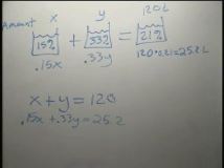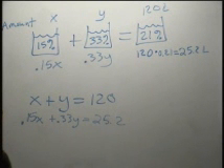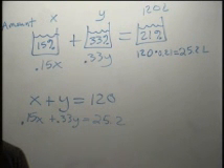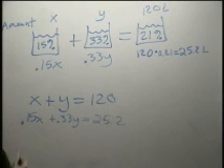Now I have a system and I can solve that to find my answer. We can use either method, either substitution or elimination. So let's go ahead and use substitution for this one. Okay.